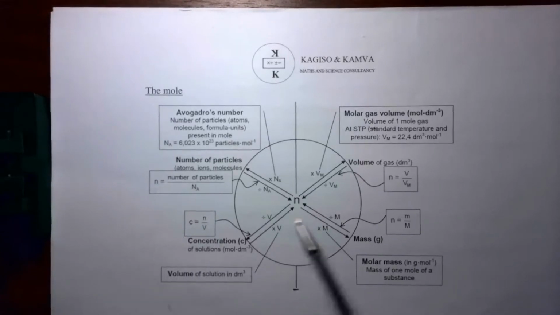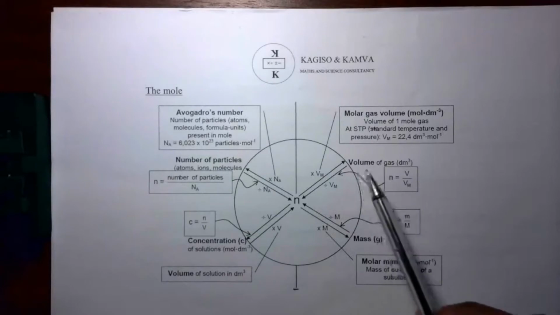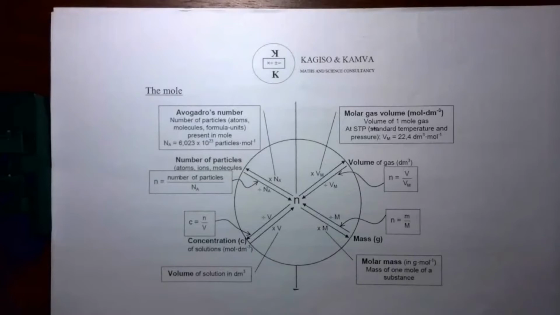And then the next one is when we have the volume of a gas. Sometimes some substances are in a gaseous form, so we will be provided with the volume that is occupied by a gas.